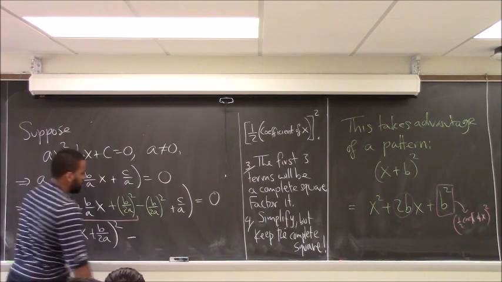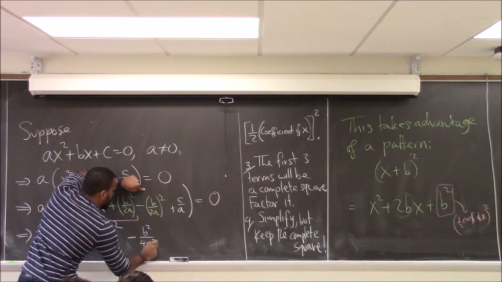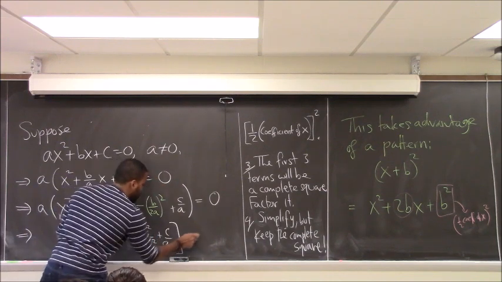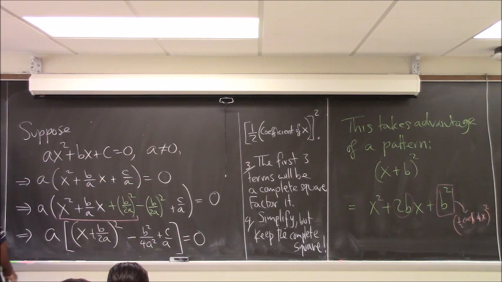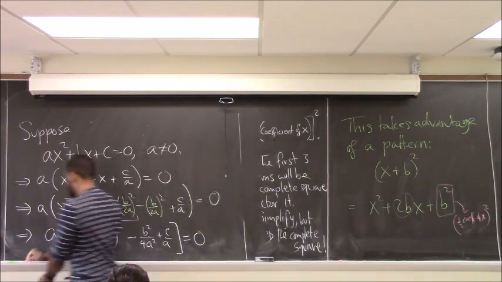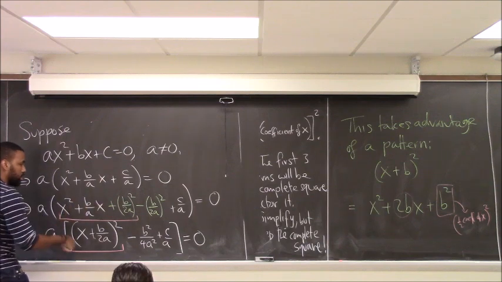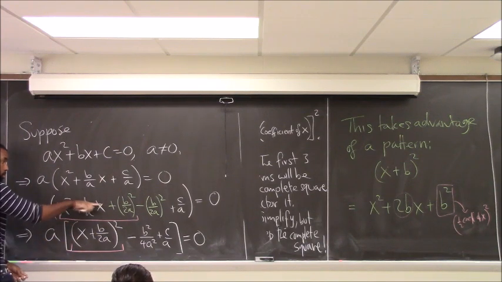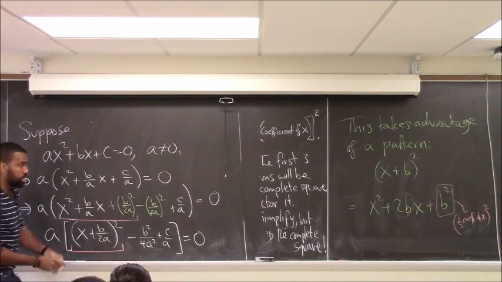Now here, I would have b squared over 4a squared plus c over a. And we get that. So that's where the completing the square comes in. I turned this guy into a complete square. And you can check for yourself. If you were to multiply this out, FOIL it out, you'll actually get these three things right here. Because I took advantage of this pattern.